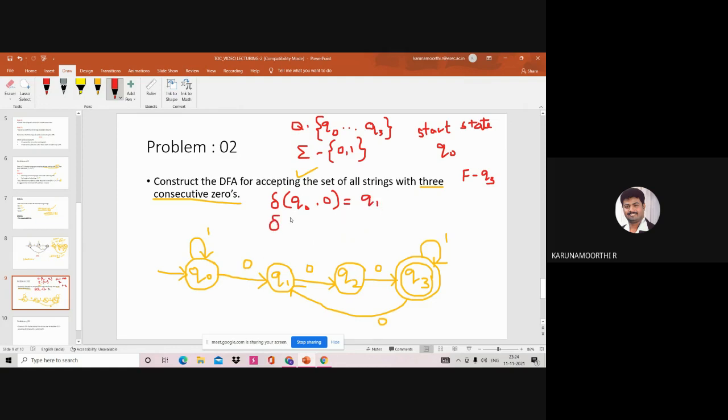Then transition of Q naught comma 1: from Q naught I read the input symbol 1, it reaches only Q naught.